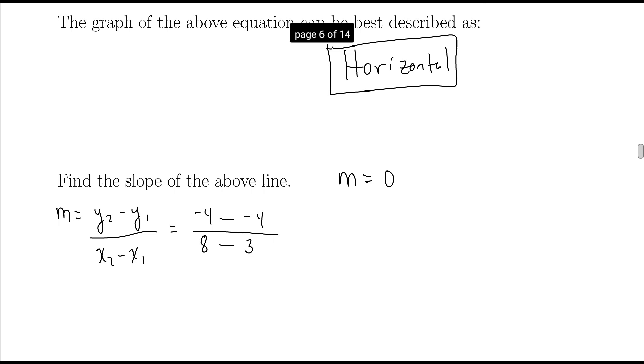If I were to work that out, first of all, minus a negative is really plus, so -4 + 4, which is 0, over 8 - 3, which is 5. 0 over 5 is 0. So there you go. You see it there. The slope is 0.